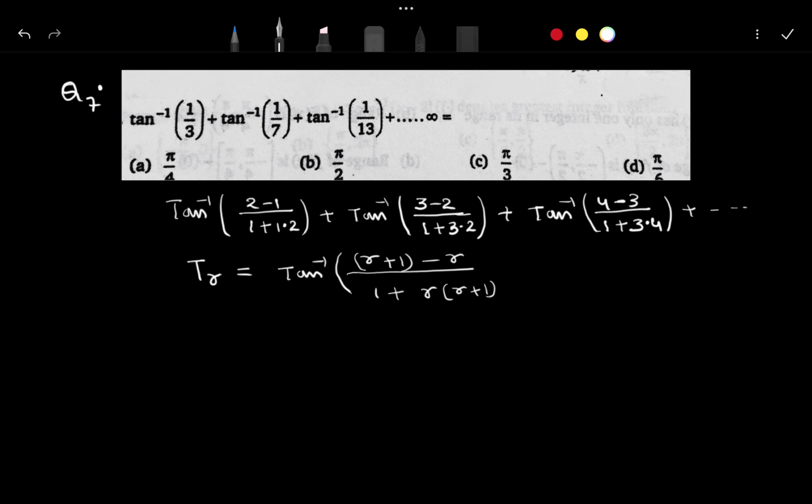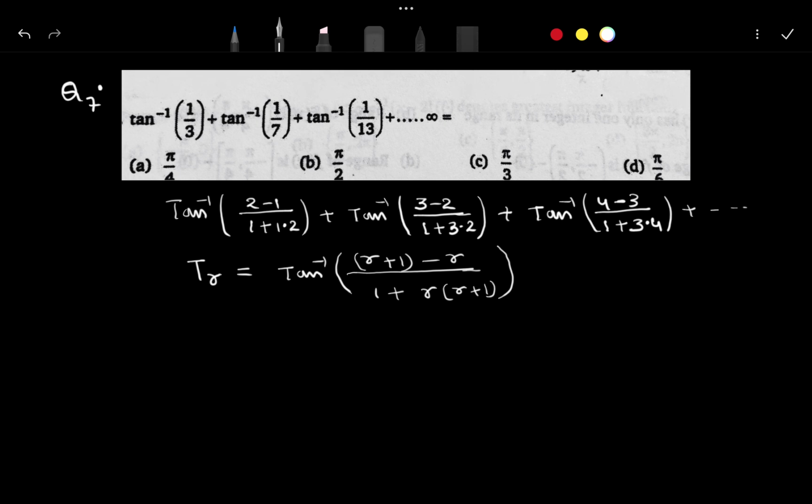So now you can cross check whether this one is correct or wrong. If you write r equals 1, that is tan inverse of 2 minus 1 by 1 plus 1 into 2. That is the first term. R equals 2, you write tan inverse of 3 minus 2 by 1 plus 2 into 3. That is the second term.